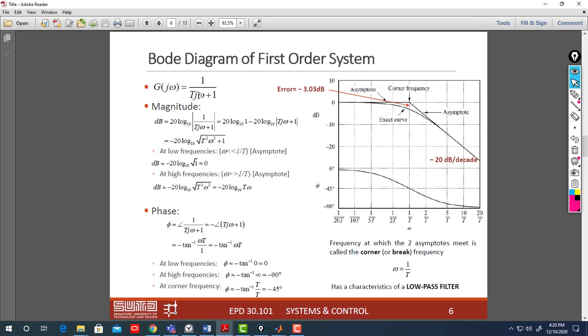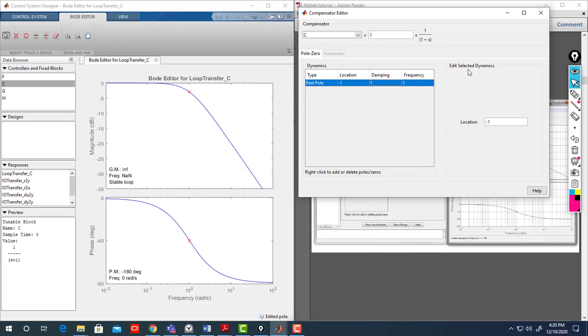And the crossover frequency is 1 over T, right? So 1 over T is your crossover frequency. Basically, this means 1 over 1 s plus 1. That's the general form of it. So it tells you that the crossover frequency is 1.